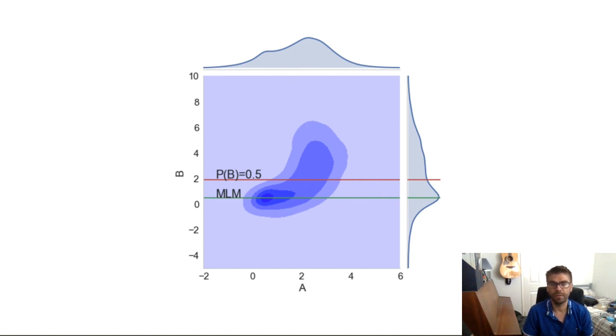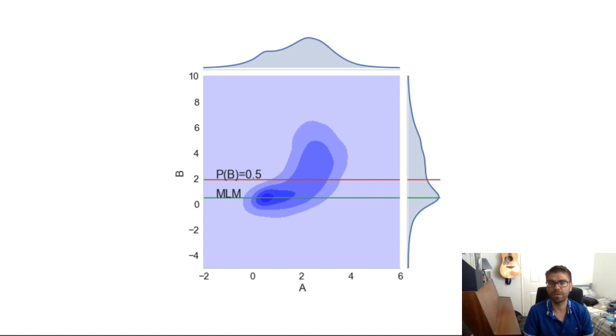Again, if you were to assume this posterior is Gaussian using a maximum likelihood method, the green line would find the densest area in this posterior probability space, and naively you'd expect the probability to be equal either side of that line, whereas actually the red line is showing where you have 50% probability either side. So curved posteriors easily occur when you're introducing things like positive constraints. And it's only by using these types of Bayesian methodologies where you can get a better handle on the posterior probability distribution.